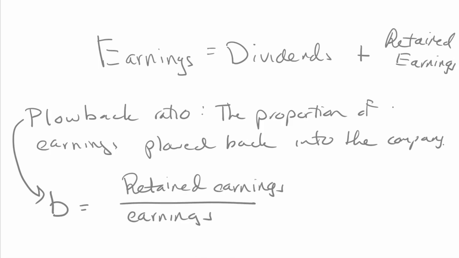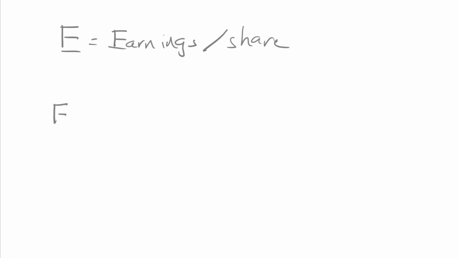So if we use the notation E for earnings per share, then our earnings are equal to our dividends plus our retained earnings, or B times E. So D here is the dividend.